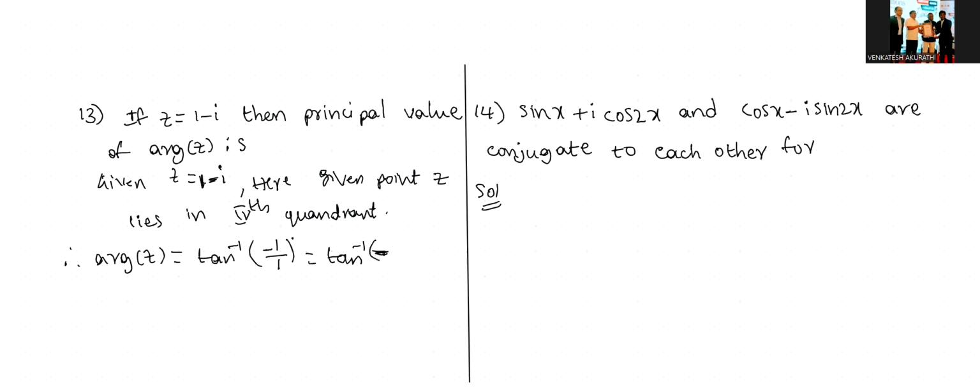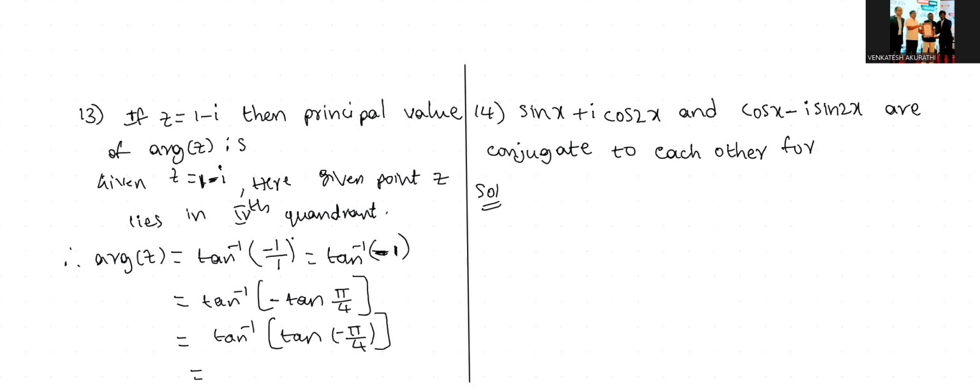That is equal to tan inverse of minus 1, which can be written as minus tan of pi by 4. This can be written as tan inverse of tan of minus pi by 4. Tan inverse of tan theta is equal to theta, so the value is minus pi by 4.